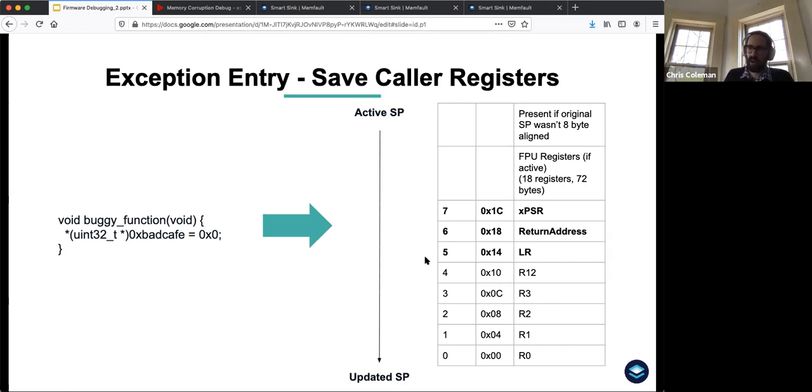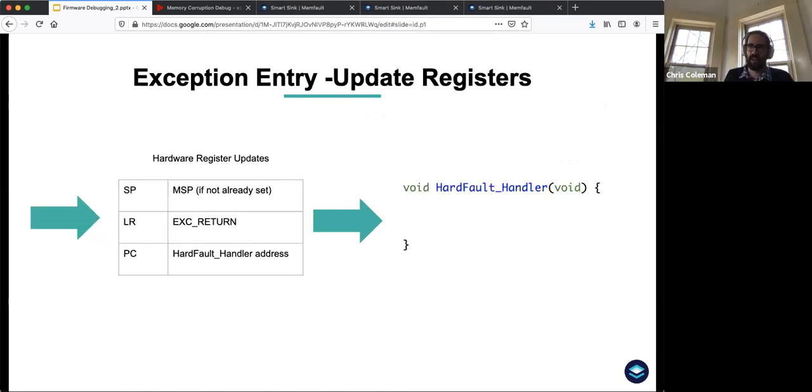And so once the hardware has saved our stack, it will jump to the next phase where it updates a few of these register values automatically for us. It switches the stack pointer. If the PSP was in use, it'll change it to the MSP. It updates the link register to a special value known as exception return.